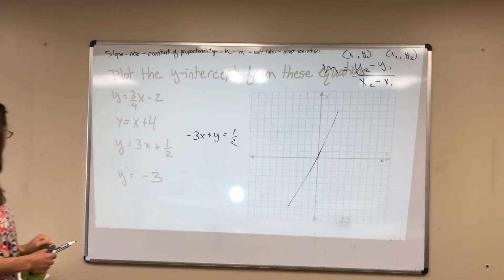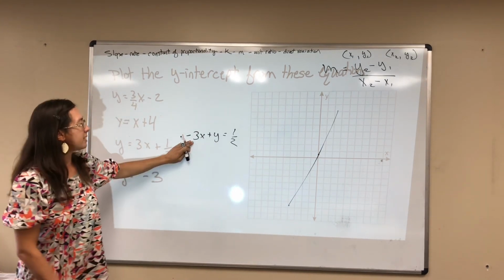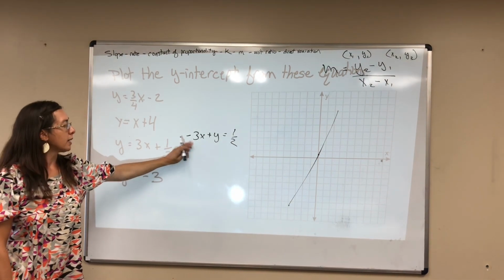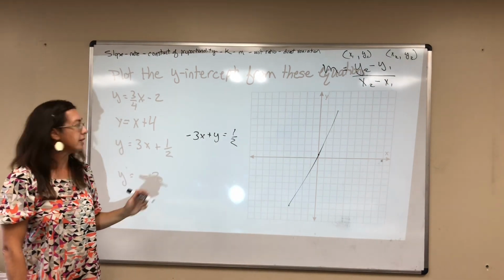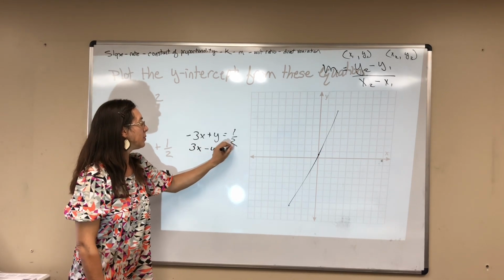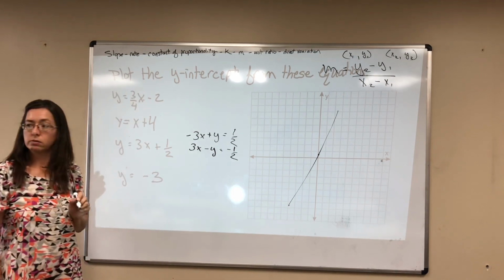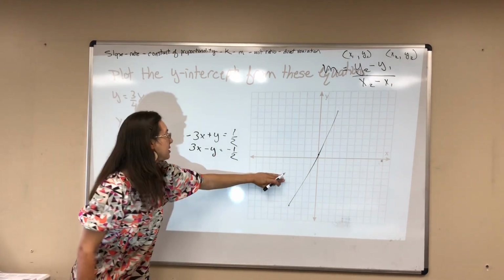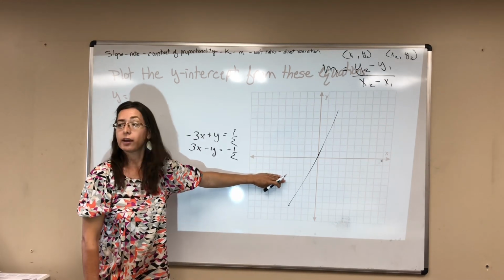We agree? Okay. Is it okay to have this negative 3? No. Okay, so we're going to multiply the whole thing through by a negative and have 3x minus y equals negative 1/2. Okay, same exact line. We could rewrite this as 3x minus y equals negative 1/2.